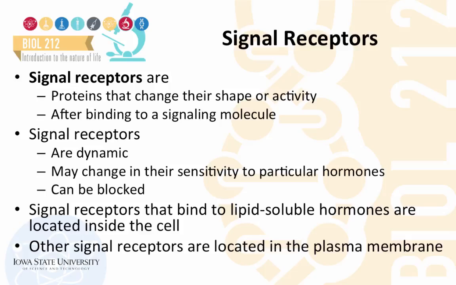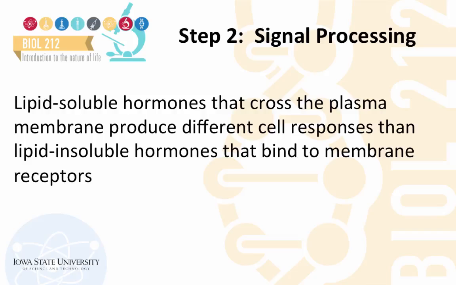Signal receptors that bind to lipid-soluble hormones are located inside the cell, since these hormones can diffuse through the plasma membrane without any problem. Other signal receptors are located in the plasma membrane and bind to hormones that cannot cross the plasma membrane. Lipid-soluble hormones bring about a different response in the target cell than lipid-insoluble hormones.